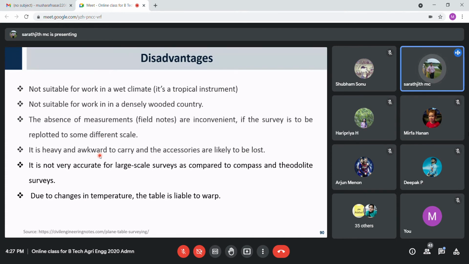So it is somewhat heavy, and also it's very risky to carry from one instrument station to the other, and it is not very accurate for large scale surveys compared to compass and theodolite survey. And also it is made of wood, and it is going to be affected when the atmospheric temperature really changes. So in such situations, this is not advisable.